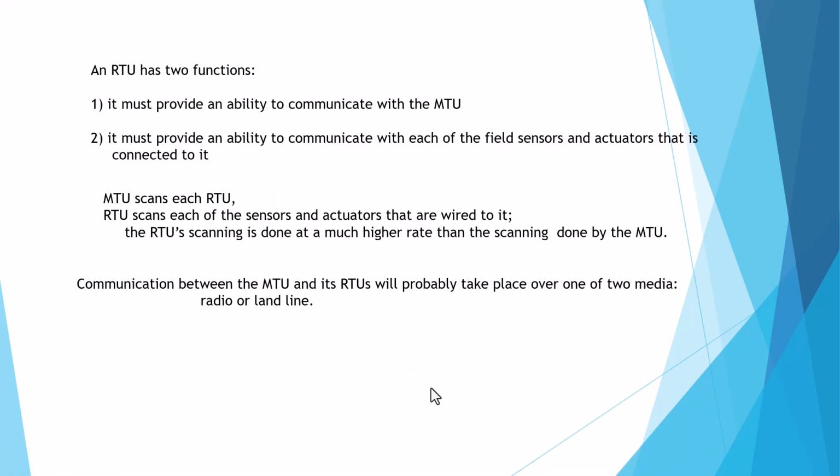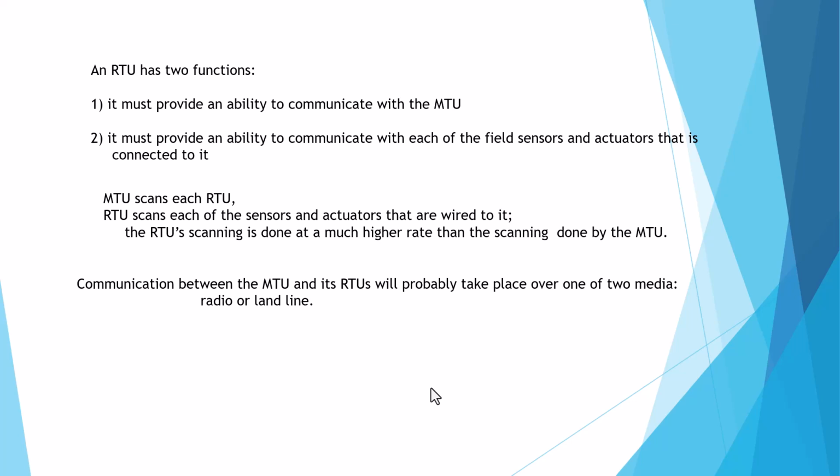RTU has two functions. It must communicate with the MTU, and it must also communicate with the field sensors. This is the sensor and actuator that connect to it. The MTU scans each RTU.